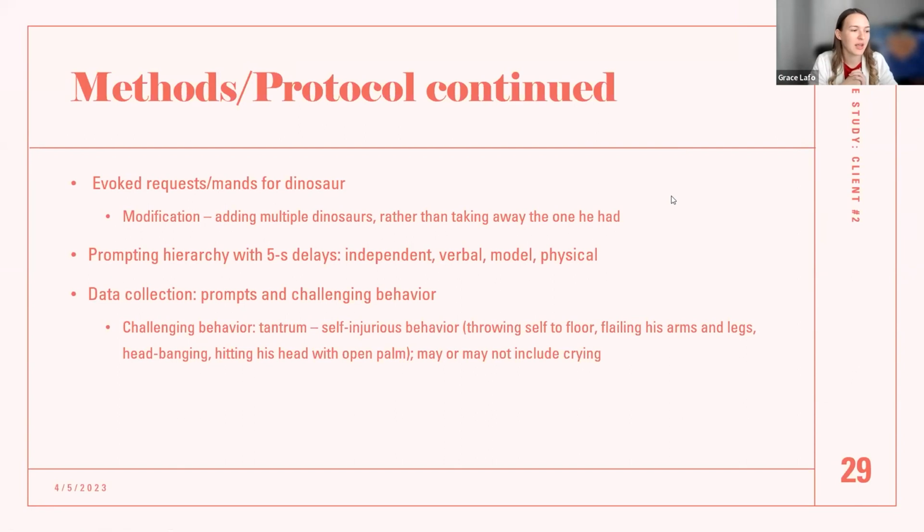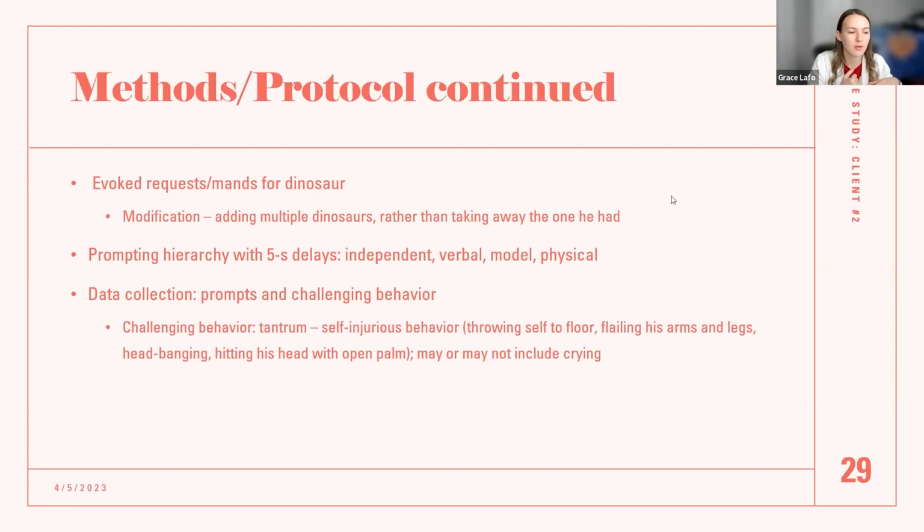So that was great. Our prompting hierarchy included the opportunity for independent responding for 5 seconds, and then we would systematically add verbal, model, and physical prompting with 5-second delays for each. And we collected data on prompt level and challenging behavior, which I have a little bit of a definition here. So typically we were focusing on tantrum, which included self-injurious behavior.